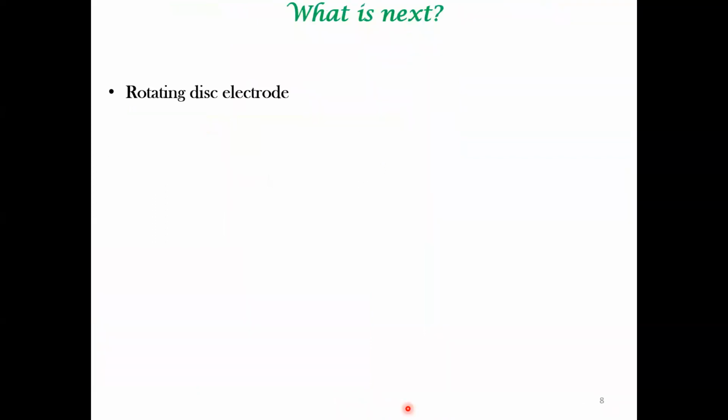With this, we are wrapping up all the material within the scope of this class on electrochemical impedance spectroscopy. We move to another topic of importance, an electroanalytical technique wherein convection plays a role, that is to do with the rotating disk electrode. We'll see that in the next lecture.